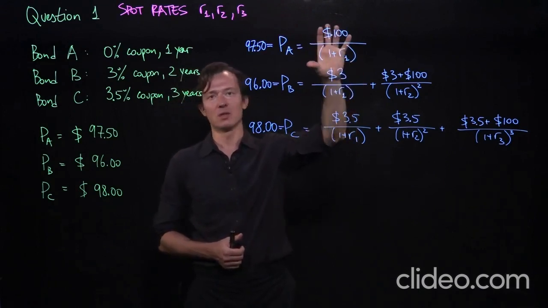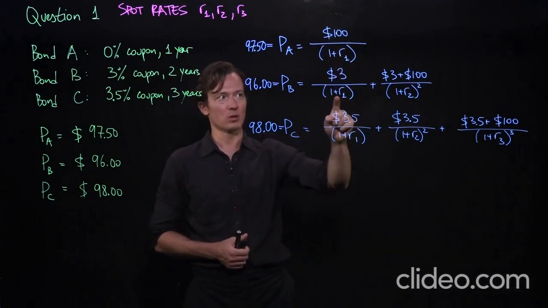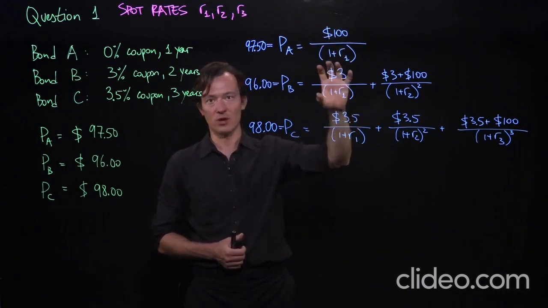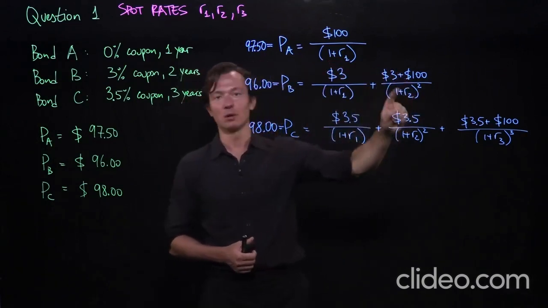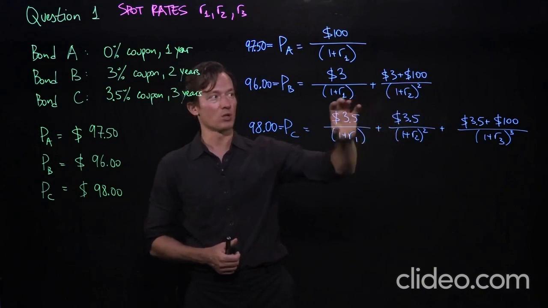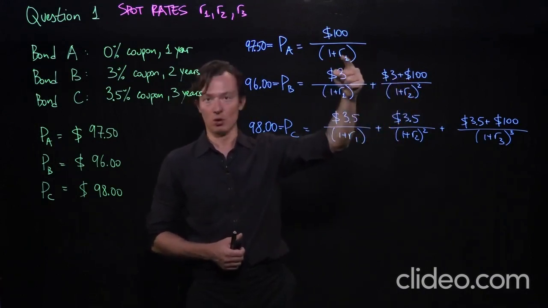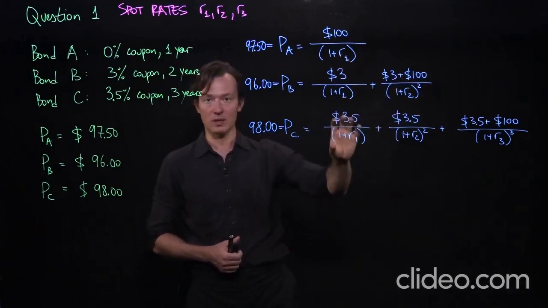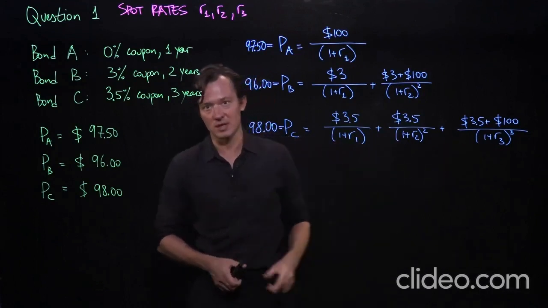So we can solve this equation, plug this R1 into the second equation, at which point this ratio will become known, and this will just become an equation with one unknown, R2, at which point we can solve this equation for R2, plug our known R1 and R2 into the last equation, and solve this last equation for R3. And so this is exactly what I'm going to do now.